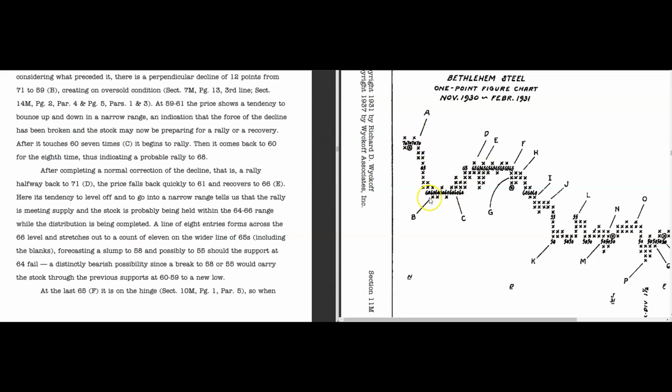From A to B is a rally down. And then from C back up to D is your halfway back move up. What I'm trying to show here is that the rally to the pullback can be estimated just like the pullback to the next rally can be estimated.